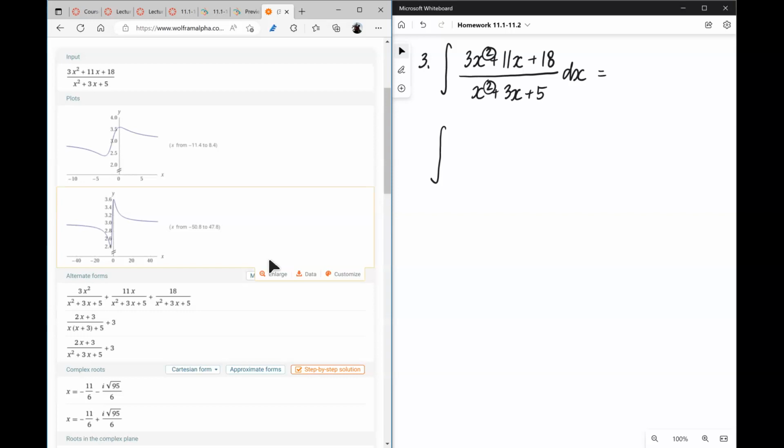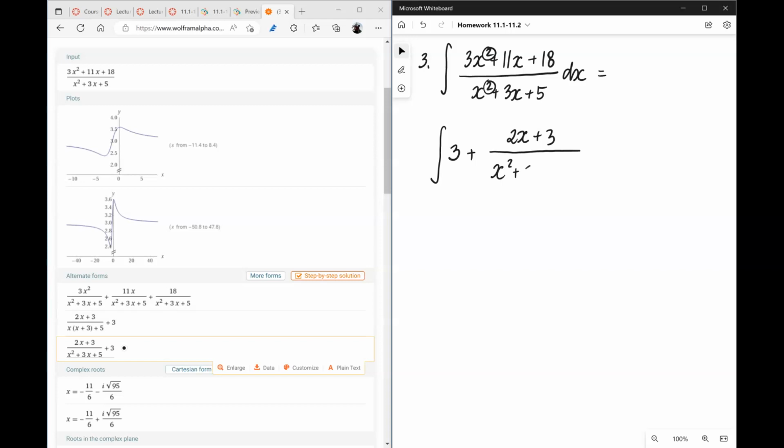So here's the quotient form. We have 3 right here. This is the alternative form that I'm looking at. 3 plus 2x plus 3 divided by x squared plus 3x plus 5.